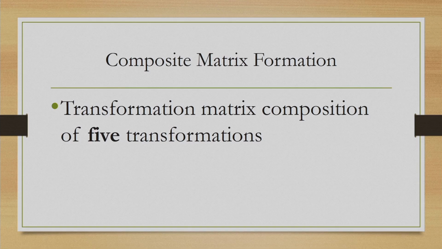So, let us try to derive it then. As we have seen in the figure, there are 5 transformations. So, the composite matrix or the ultimate final transformation matrix would be a composition of these 5 basic transformations.